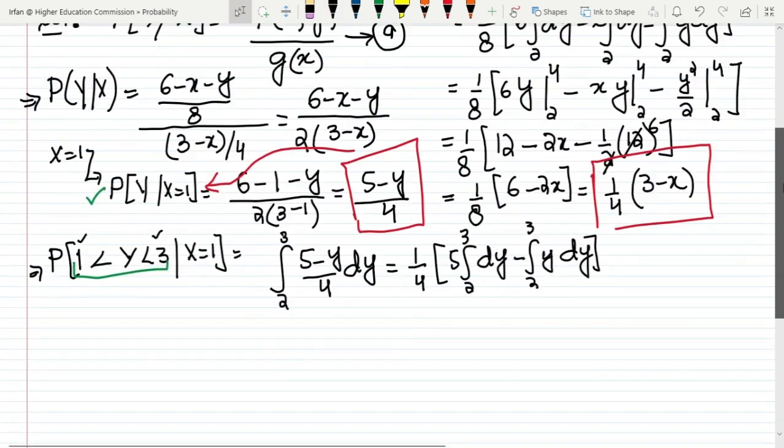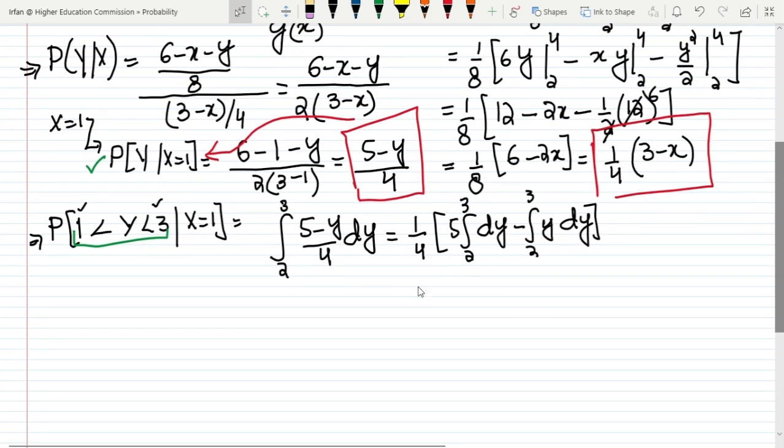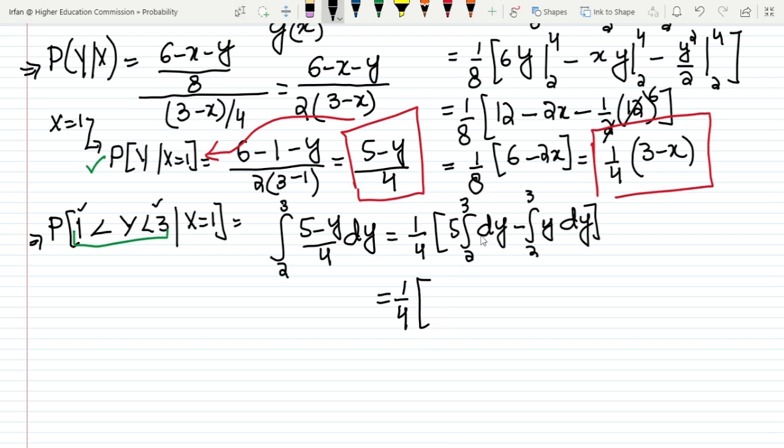Let me move down somehow, and here solving it, I will get 1 by 4, and 3 minus 2 is 1. Okay, because here I will get y, so 3 minus 2 is 1, this is 5. Also here this is y square divided by 2, so 3 minus 2 would be what? Let me put this value here.